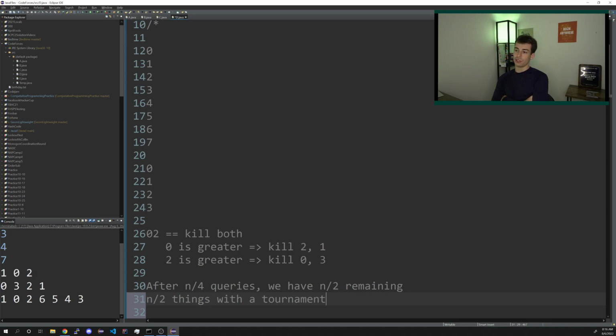I think on average, what's the chance two things are equal? Well, in one query, there's a 50% chance you kill 2. Maybe it's more than that, though.